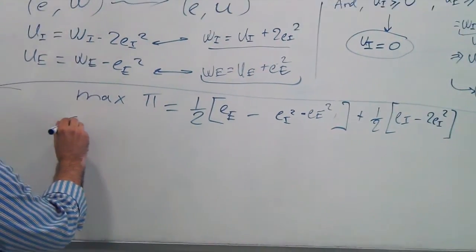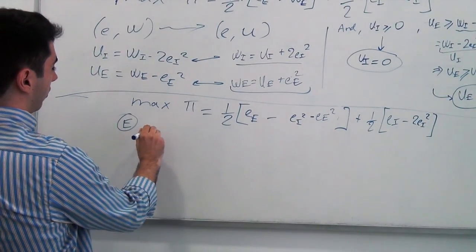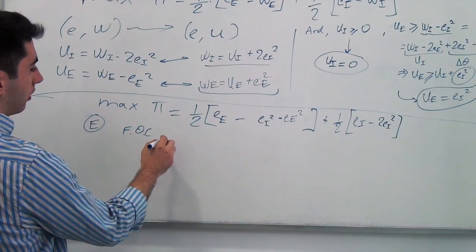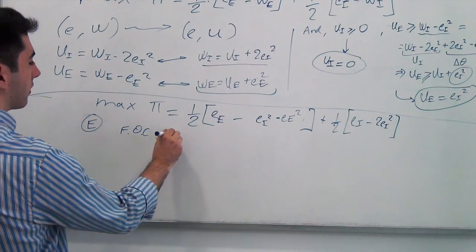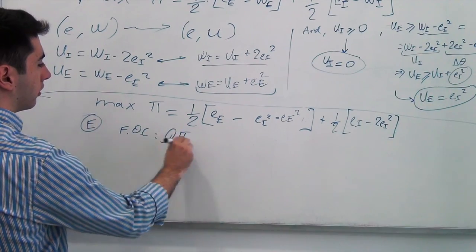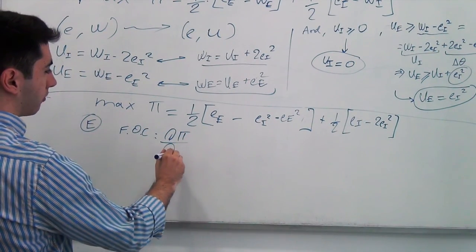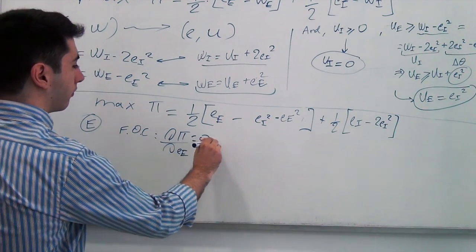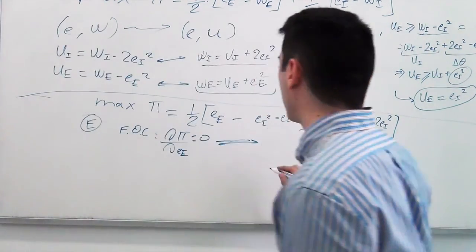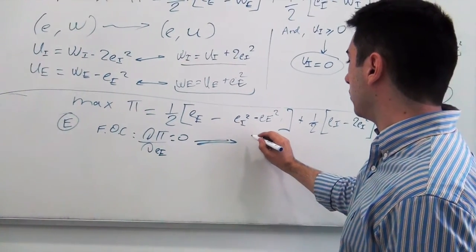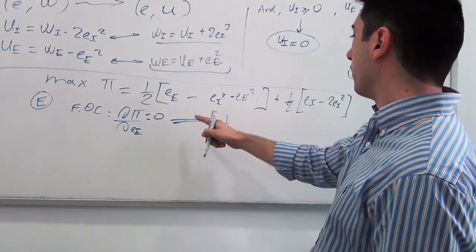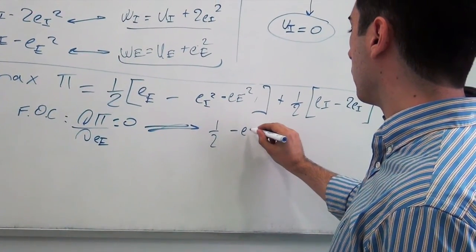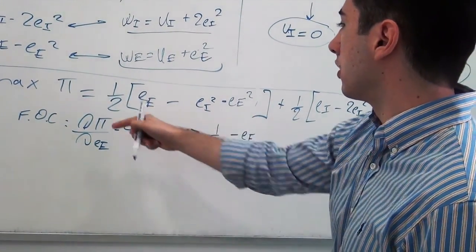For the E-type, we have the first order condition, which in this case is the derivative of pi with respect to this, equal to 0. It's simply this, and then you get minus this down, then multiply it.